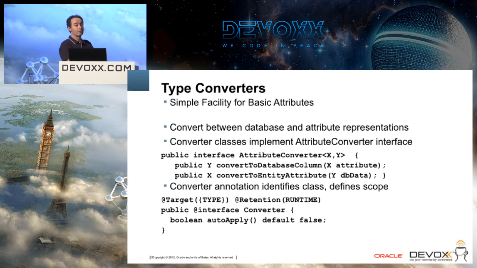The canonical example we usually use in EclipseLink world is a database that contains a flag M or F for male or female, but in Java it's a string, male or female. So it's actually quite different. And so we want to translate from some database encoded value to a Java representation we prefer to use, possibly even an enum, which is obviously a more modern approach. So this is a long-standing need.